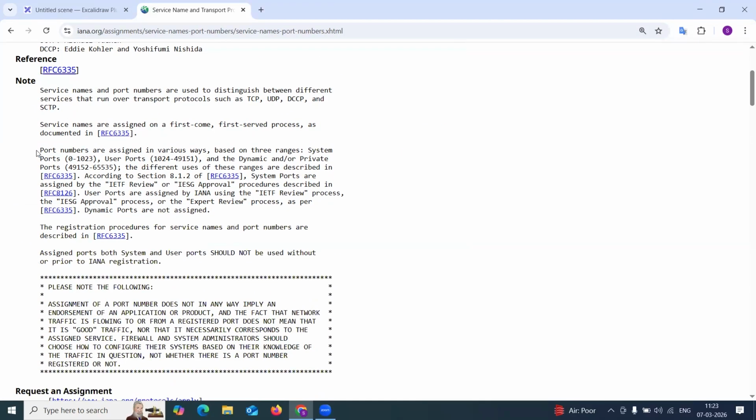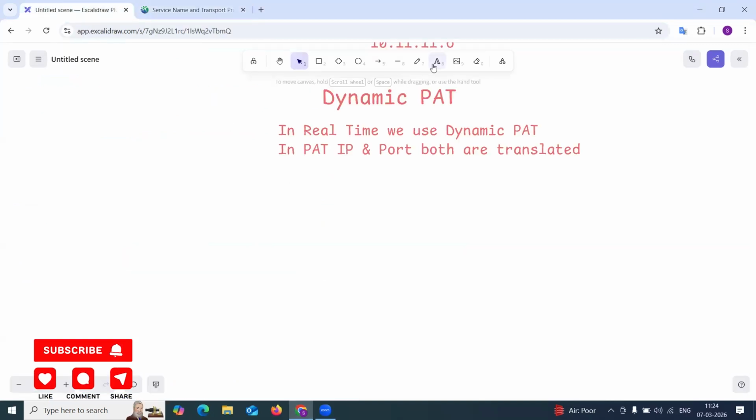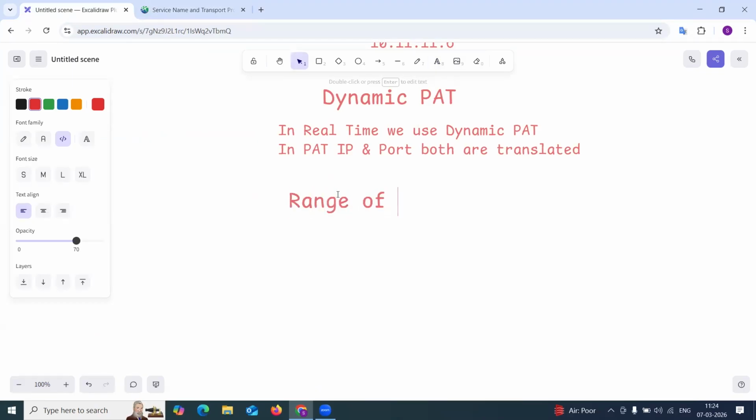So note here, I want you guys to note down this one. When I talk about a range of port numbers, range of ports, it's 0 to 65,535.